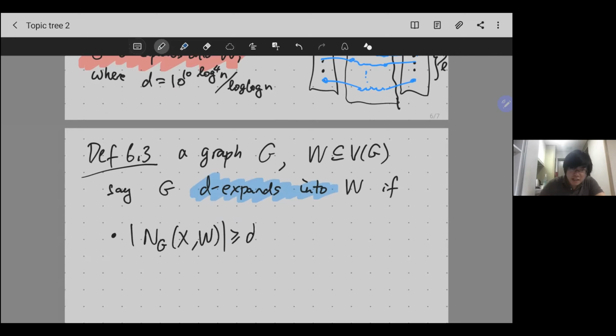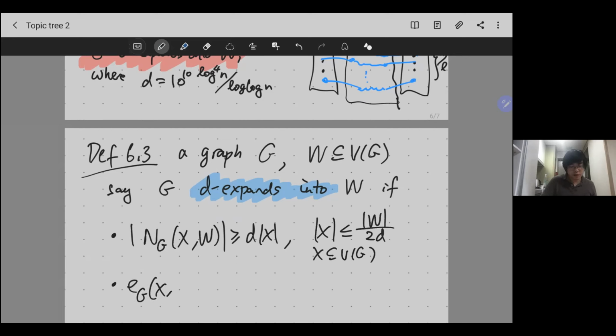If you take any subset X of G that's not so large, and it's good to verify it's not a subset of W, then you expand by a factor of D just within W already. And the second one is this large set connectivity that we've always seen. If you take two sets large enough, you will see an edge.